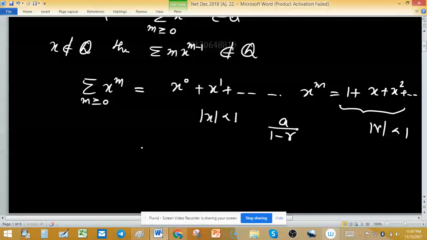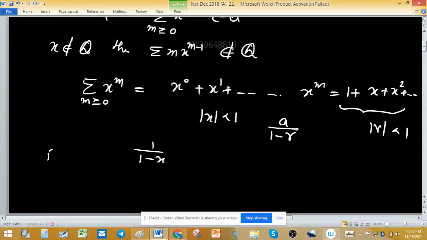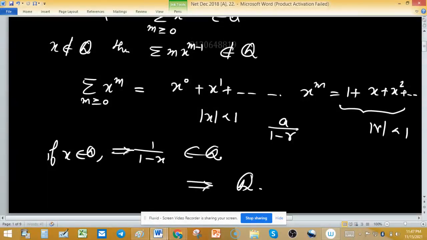So this is equal to 1 upon 1 minus x, and if x belongs to Q, then this implies 1 upon 1 minus x belongs to Q. And if this belongs to Q, then x comes from the rational numbers.